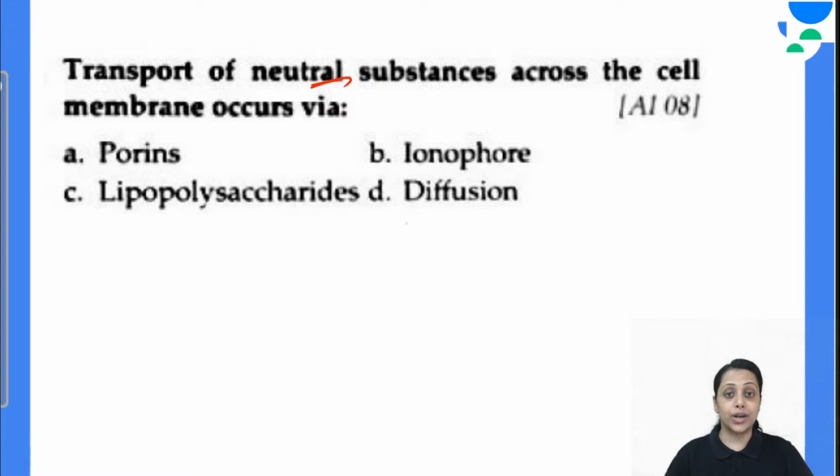Yes, very true, it occurs via diffusion. For neutral substances like gases, the transport occurs via diffusion only. Answer is D. Very good.